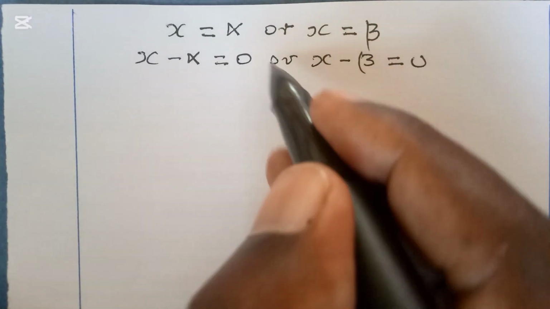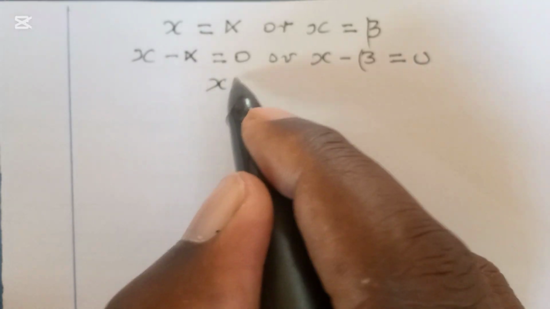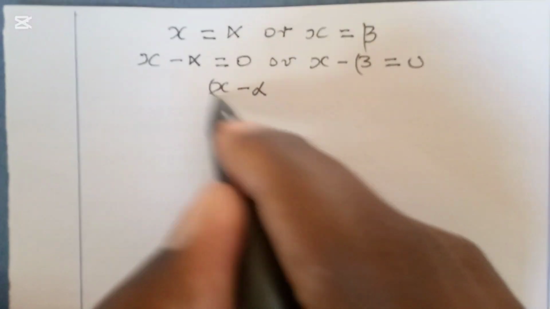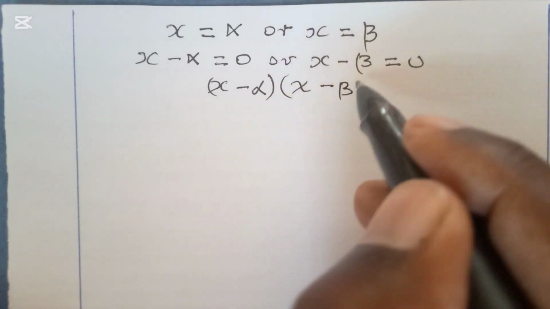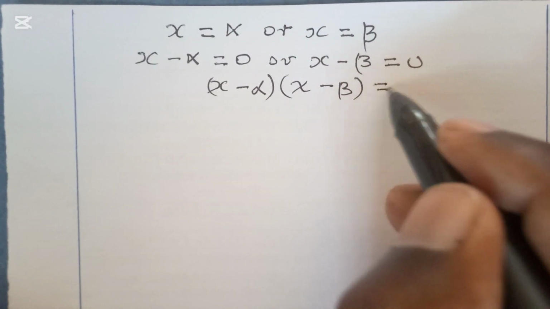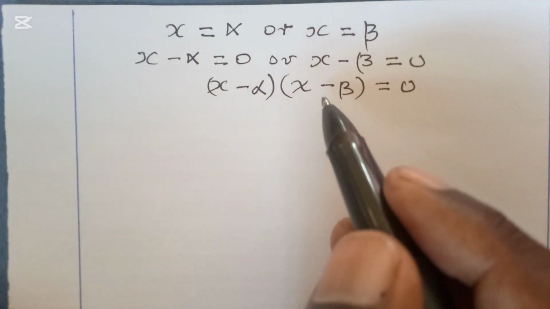And so guys, these are our factors: x minus alpha, x minus beta, this is equal to 0. So these are the two factors.